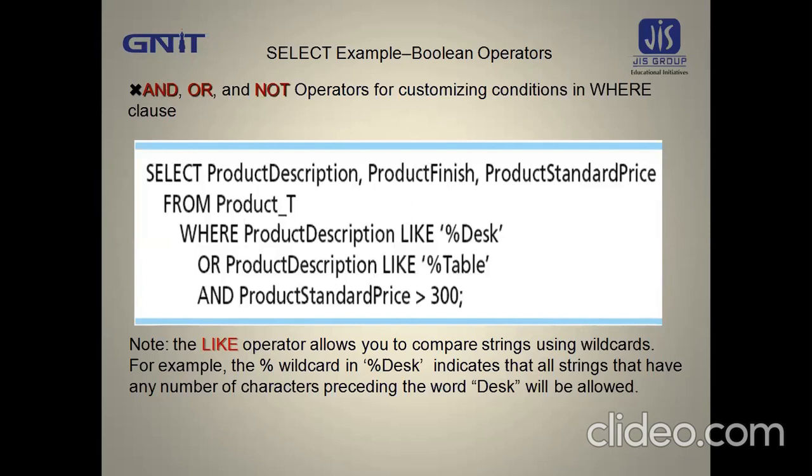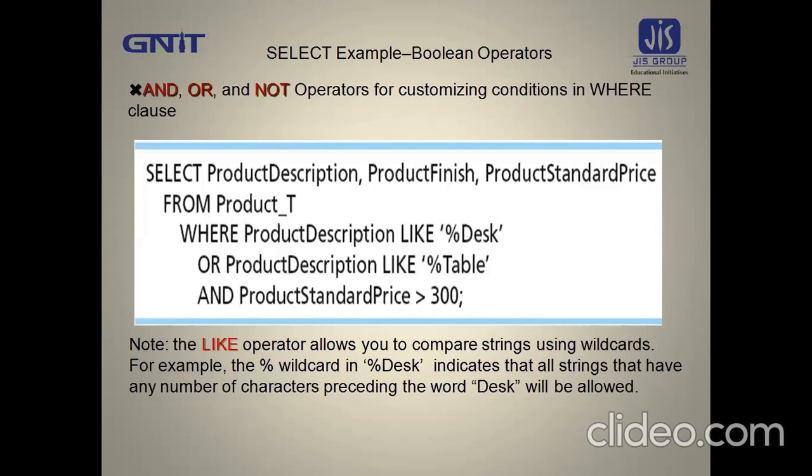For example, the percent operator can be used as a wildcard. The percent in percent desk indicates that all strings that have any number of characters preceding the word desk will be allowed.